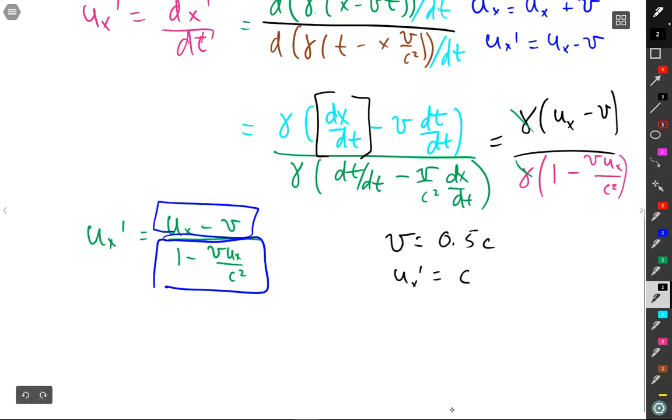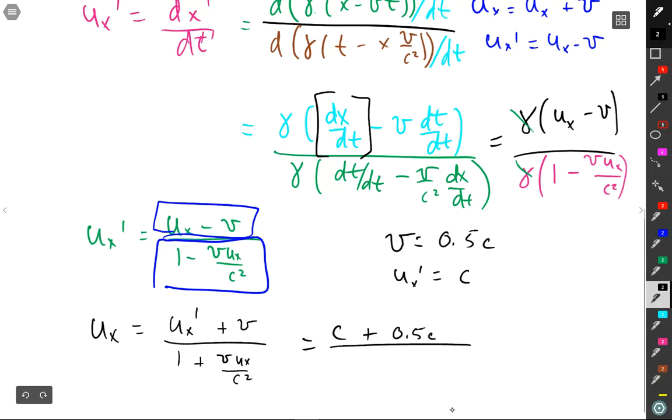And so my speed in the other reference frame is going to be ux prime plus v, over 1 plus v times ux prime over c squared.